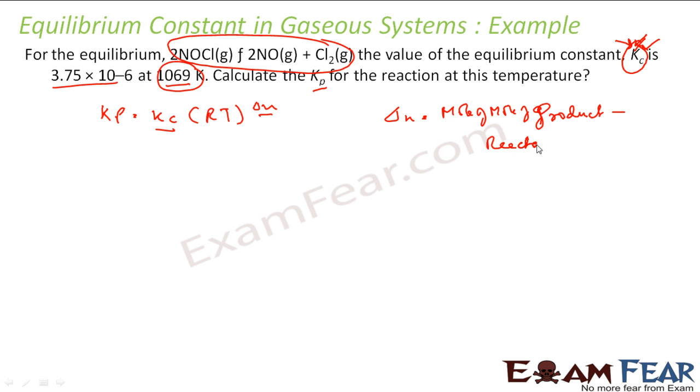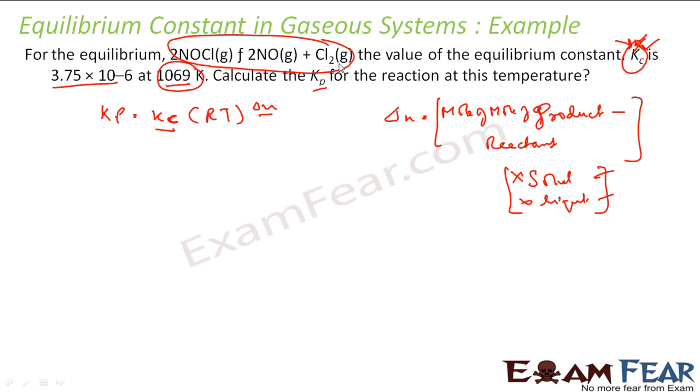So in this case also, we ignore the solids, pure solid, pure liquid, right? Because for them the value is constant. They don't even take part in Kc. So why do we need to count that?